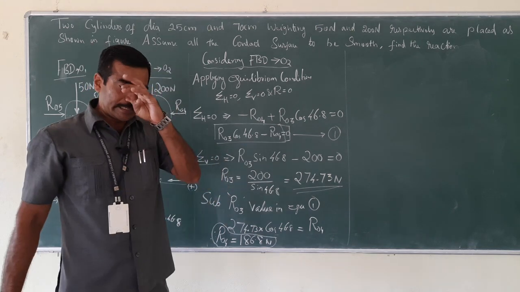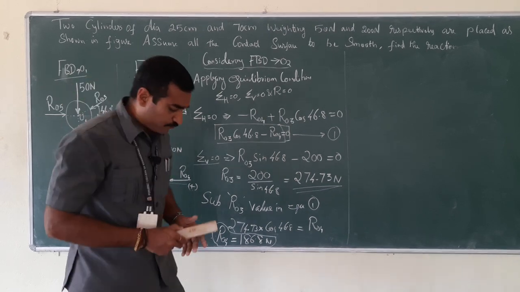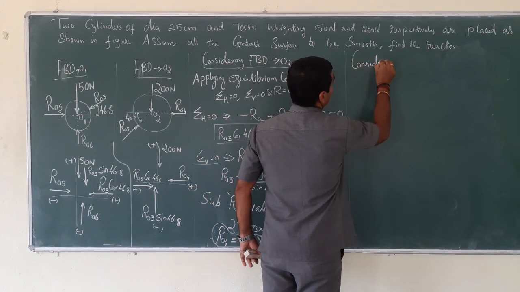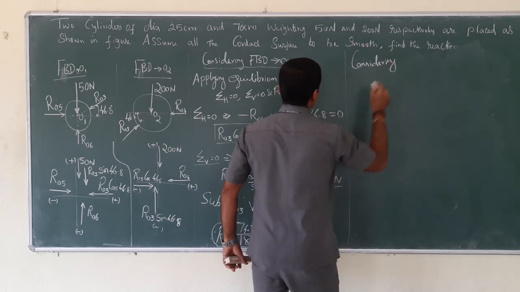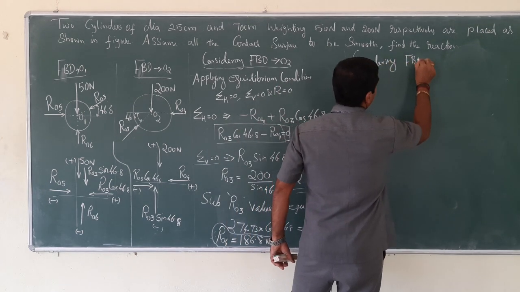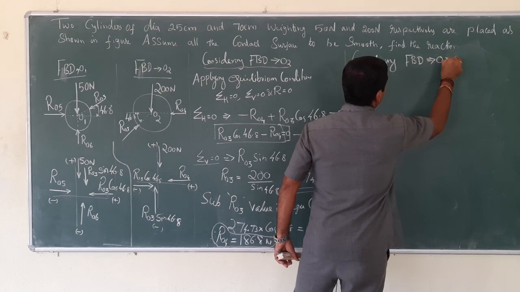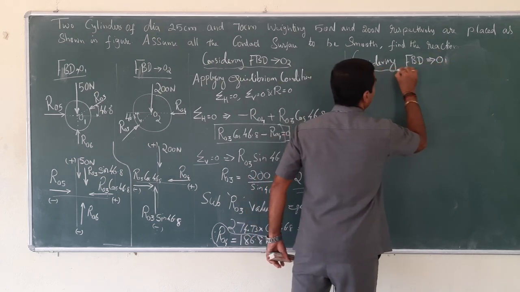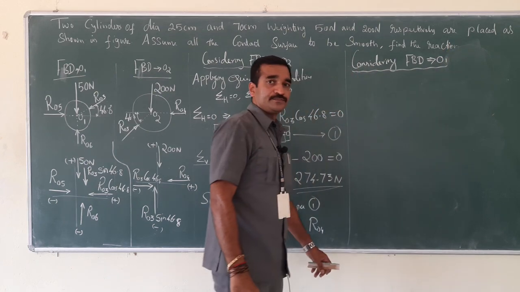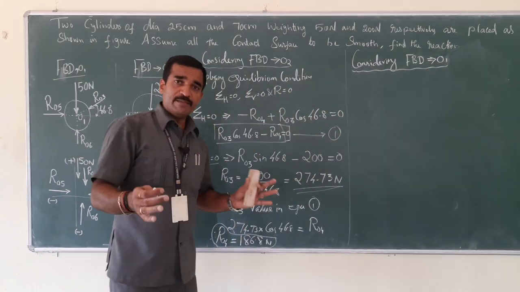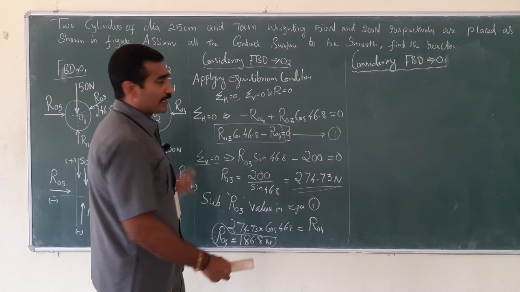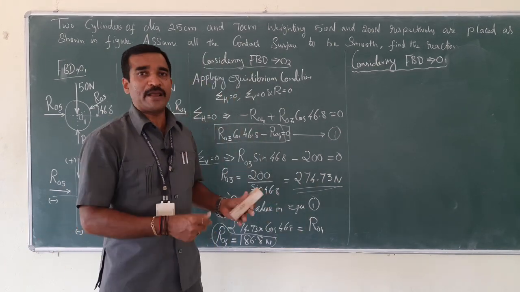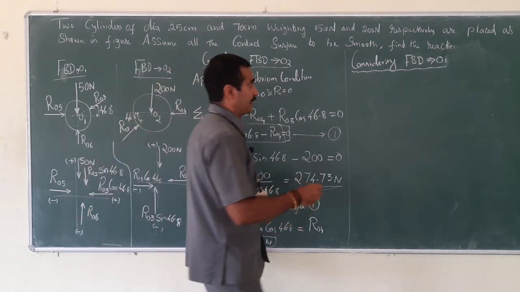Now I am going to consider the FBD of O1. Same manner, because here a lot of unknowns are there. When unknown forces are there, you have to apply the equilibrium condition here.